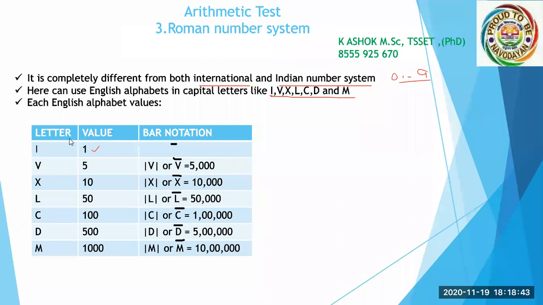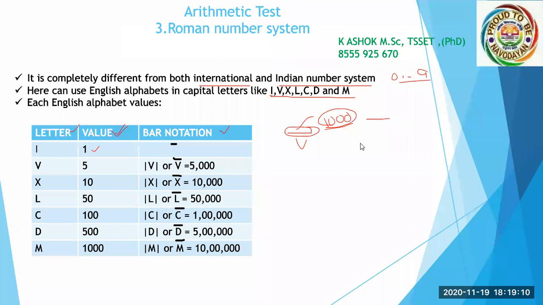This is a letter, this is a value, and this is a bar notation. We can also write a bar over a letter. The bar indicates 1000. Very important, only the bar.